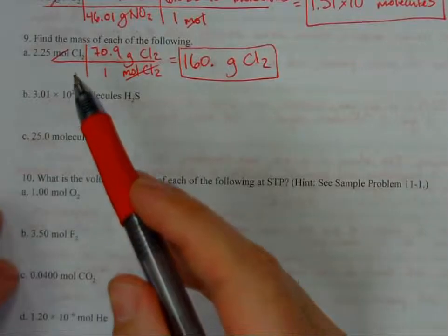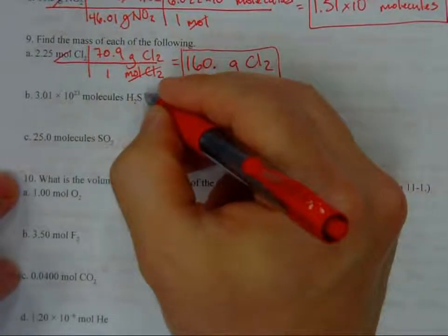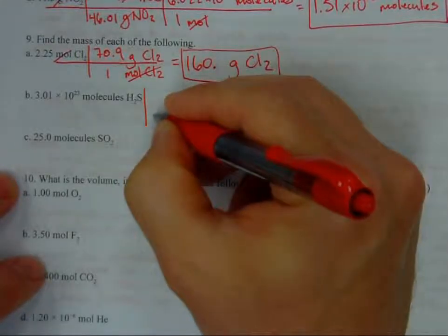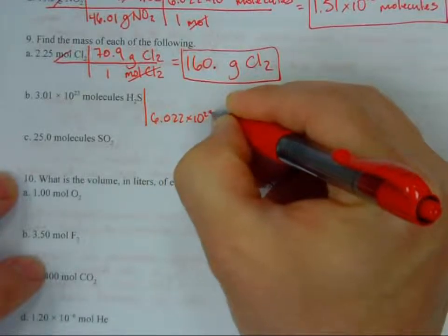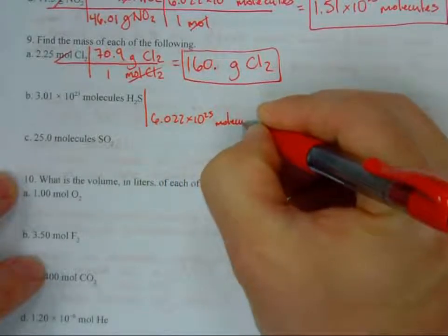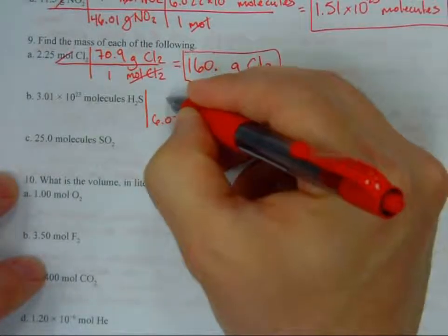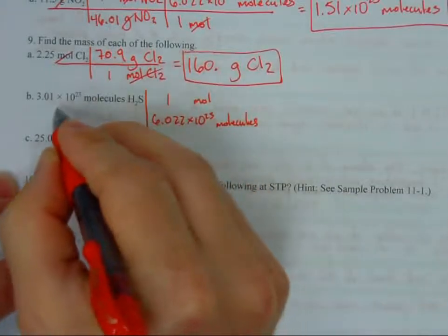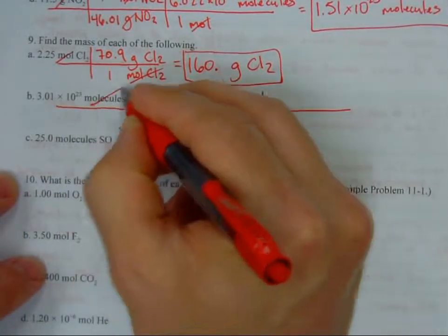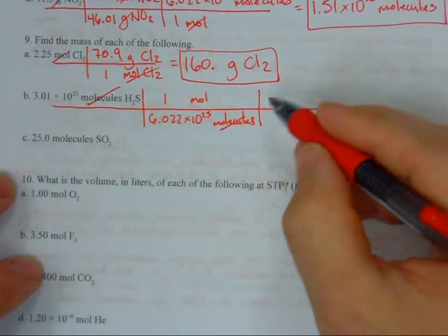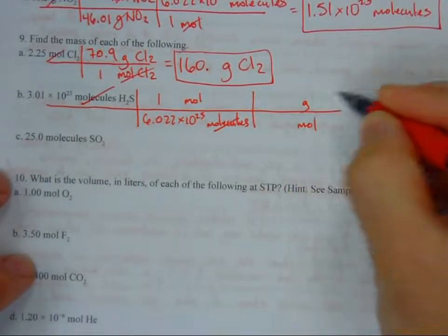And then once we're in moles, we can use the molar mass of this substance in the same way we did on part A. So we need to cancel out molecules, and we need to go into moles. That way molecules cancel. Once we're in moles, I can cancel out of moles and go into grams.